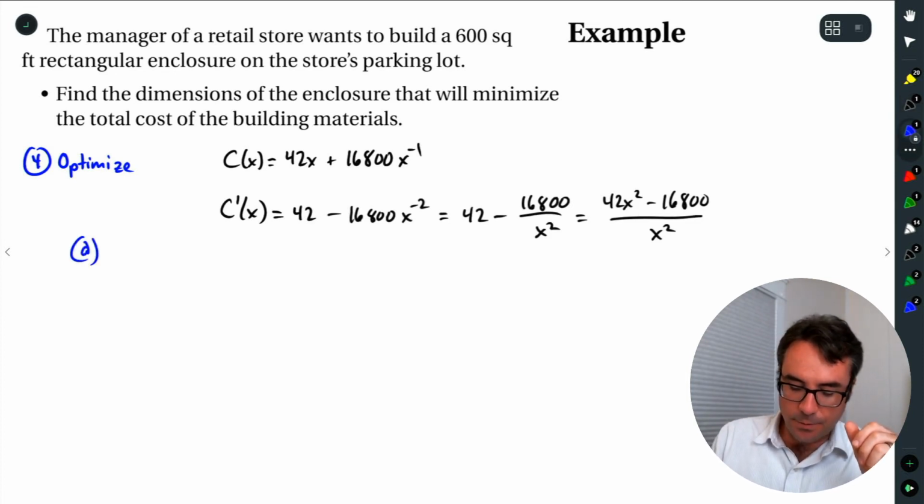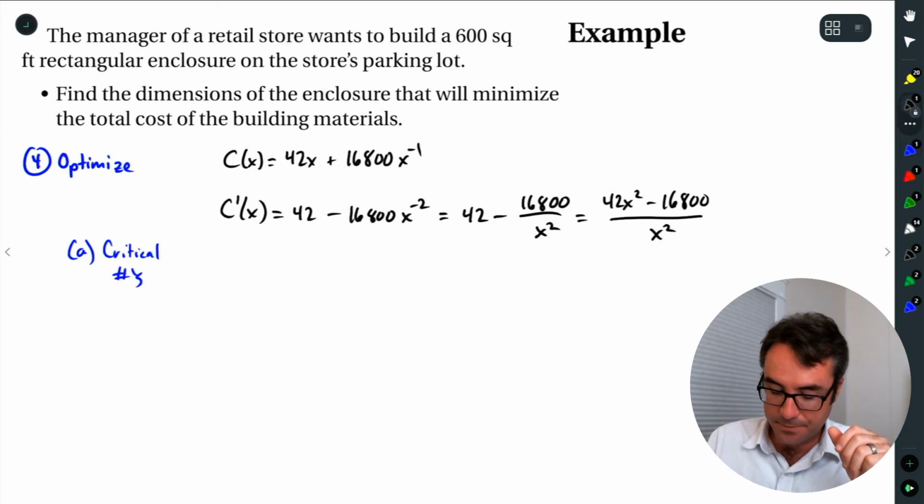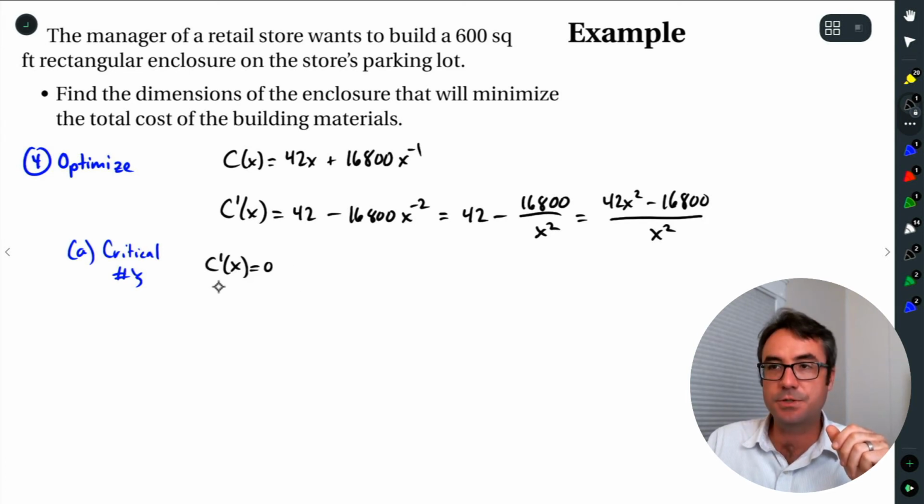So we want the critical numbers, and this is where the derivative is either 0 or undefined. So let's take our derivative. We're interested in where it's 0. We're also interested in where it's undefined.